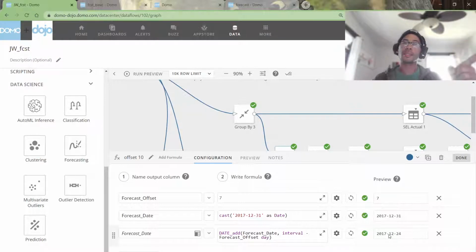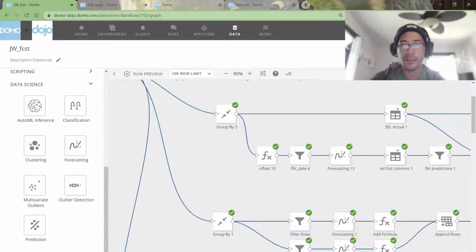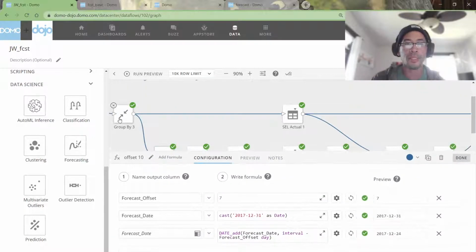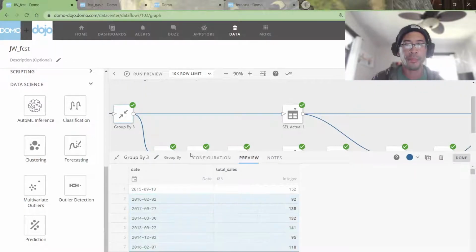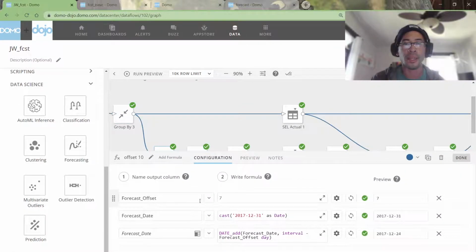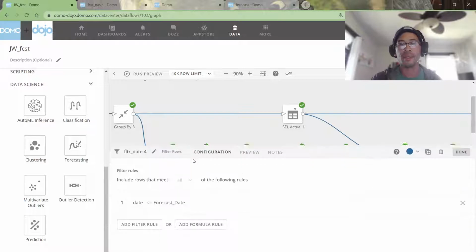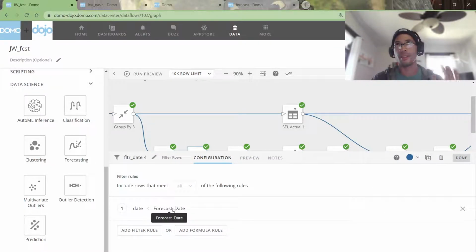And now I have accountability. Jay, you guessed this number. This is what actually happened, and here's your error. Okay, so how are we handling this? We still have our group by, right? But what I want to do is set my forecast date as a slice in time, so 12/24. I'm going to offset 7 days. Go back 7 days. Filter out any data that comes after the 24th.